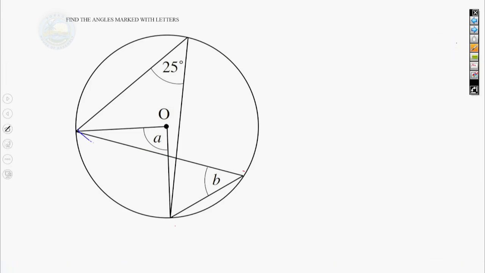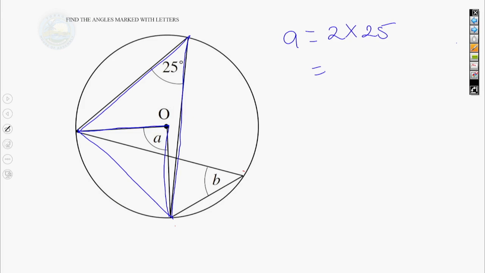Well, the angle subtended at the center by a chord is always twice the angle subtended at the circumference by the same chord. So since the angle at the circumference is 25 degrees, then A would be 2 times 25 degrees. A would be 50 degrees.